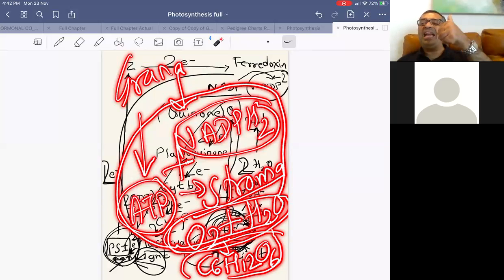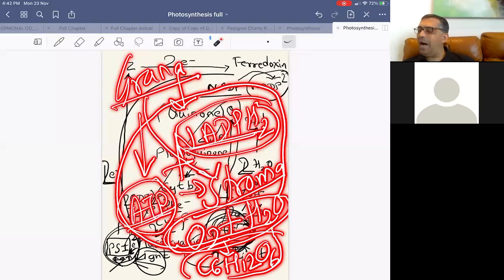So there is ATP and NADPH2 formed in the grana, in which solar energy is converted into ATP and NADPH2, which are rich in energy. And both ATP and NADPH2 go from the grana into the stroma.